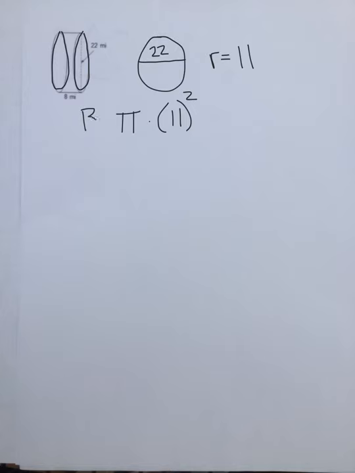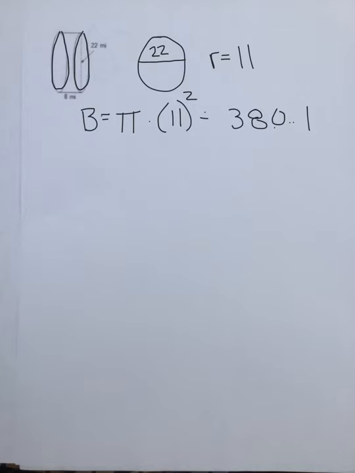So the area of the base in this case, which we know are the 2 circular faces, is going to be 380.1, and there's 2 of them. Now, to find that wraparound, the label of the soup can, we need to go circumference times height.